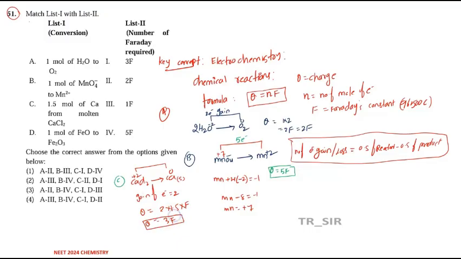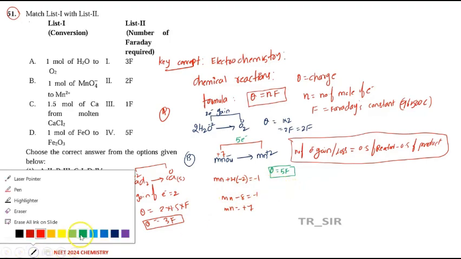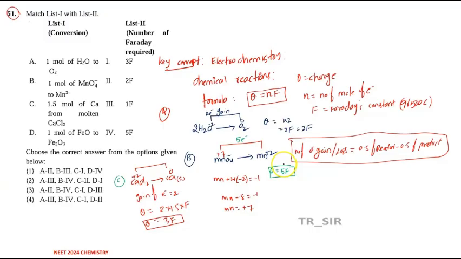That is the case of C. But if you see statement number 4, statement D, what is it talking about? D is 1 mole of FeO to Fe2O3, ferrous to ferric. The conversion is taking place. In the ferrous state, the iron state is plus 2, and in the ferric state it is plus 3.